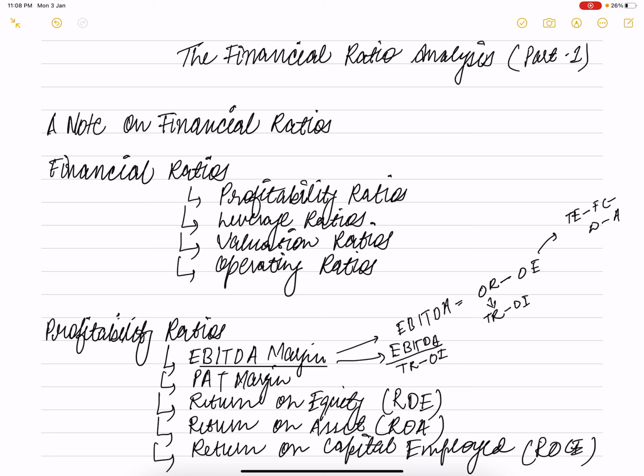We will calculate EBIT, which is computed as total revenue minus other income, and other expense is calculated as total expense minus finance cost minus depreciation minus amortization, right?